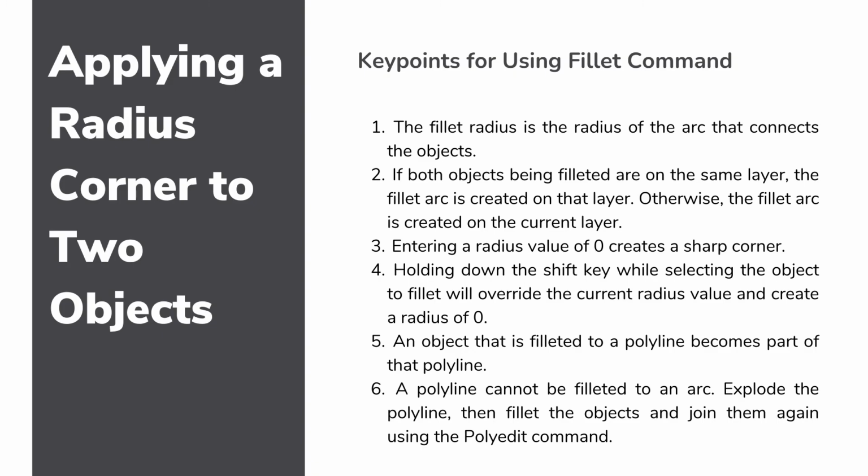Next, holding down the shift key while selecting the object to fillet will override the current radius value and create a radius of 0. Next, an object that is filleted to a polyline becomes part of that polyline. A polyline cannot be filleted to an arc. Explode the polyline, then fillet the objects and join them again using the polyedit command. Okay, so ito yung mga key points sa ating fillet command.